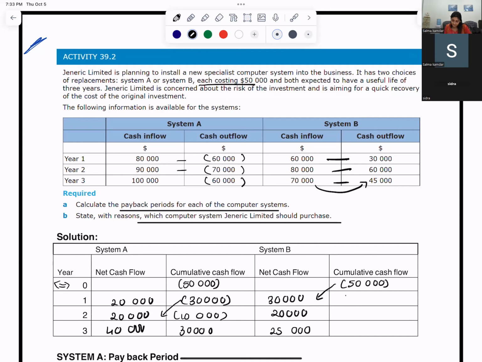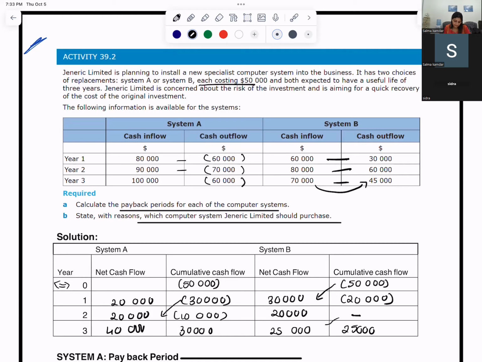Here again minus 20,000, then 0, then positive 25,000. So which computer system should you purchase?